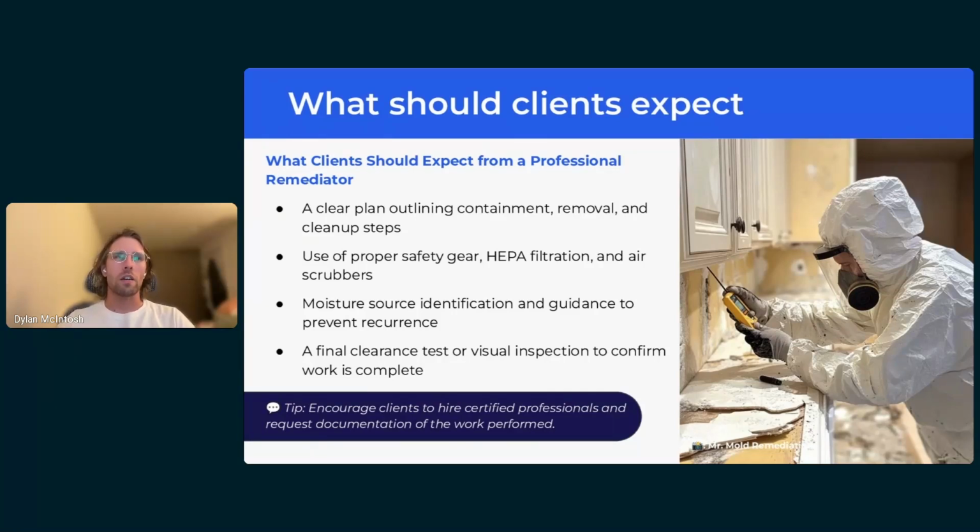And then a final test, and typically it's best to have the final clearance test be done by an independent party away from the remediation company. There's a lot of ability to have bias if you're the one doing the work and then grading the work at the end of it. So it's best typically to avoid any conflict of interest and have a third party do a final clearance test. And you could be that independent third party.